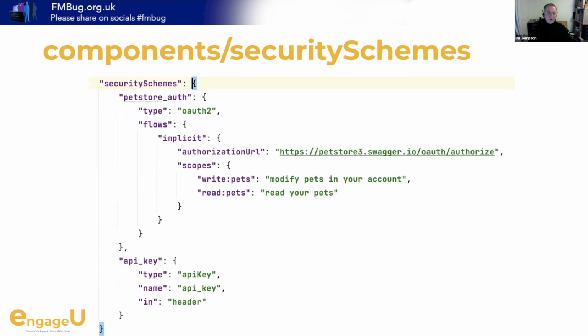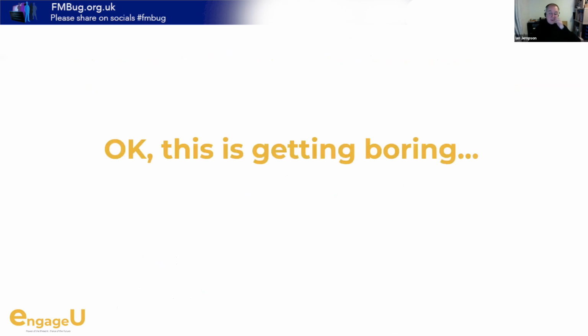And then we've got security schemas. In this case, the pet store auth, you can see it saying we've got two types. We've got OAuth2, and we've also got an API key approach. I'll touch on this again in a bit. So that's the really boring bit.